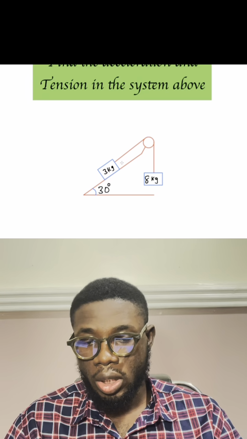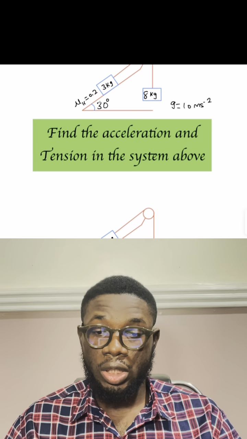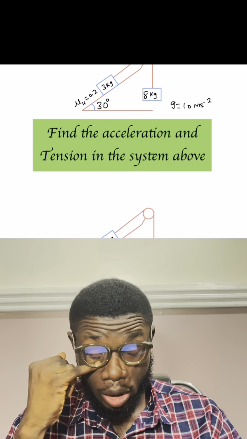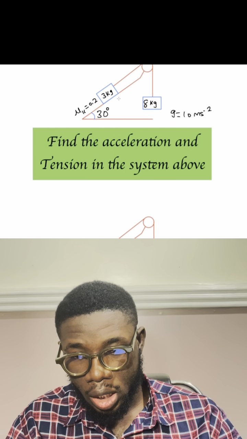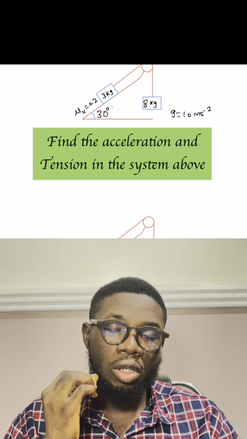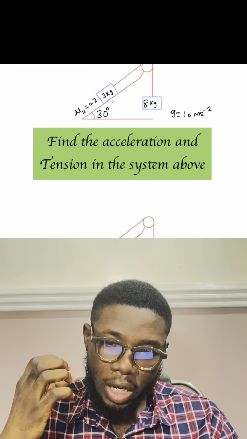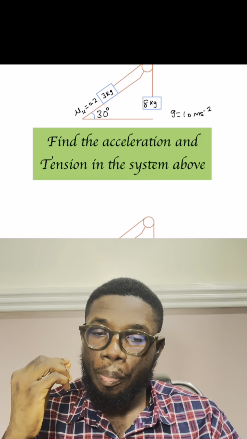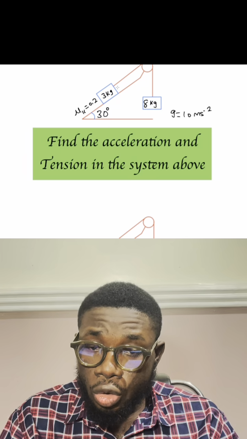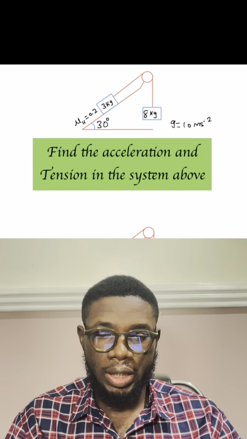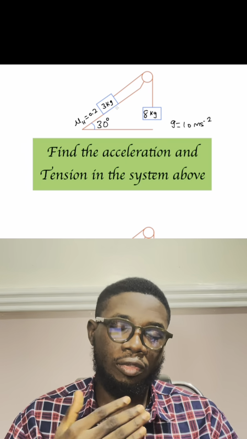For example, the reason why you were given the coefficient of kinetic friction, which is 0.2, is basically because this particular inclined plane is not a smooth surface, which implies that there's going to be another force, a frictional force, opposing the motion in this system. You do not see that directly in this diagram. But in your free body diagram, that frictional force will have to surface.